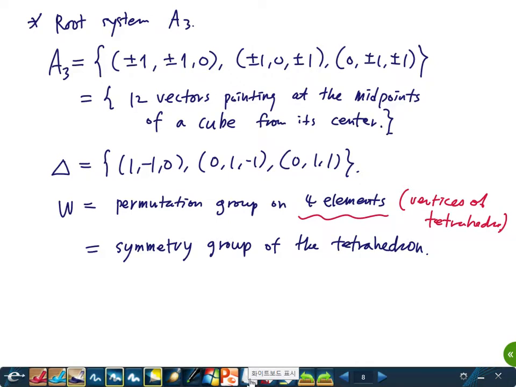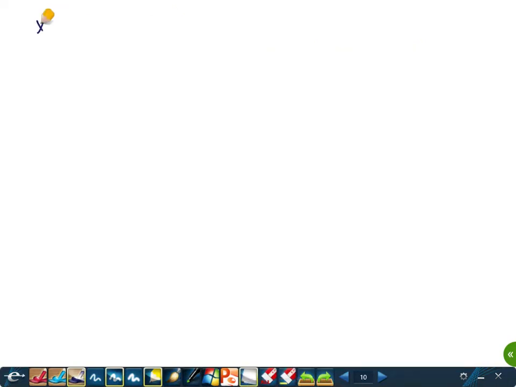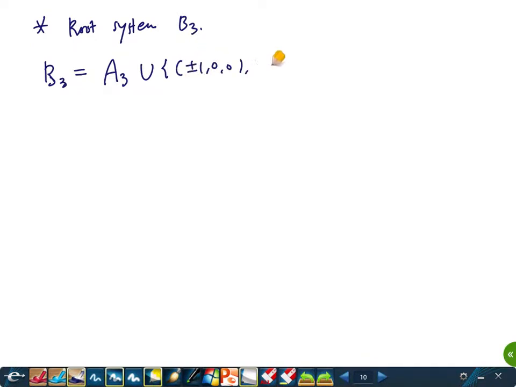And type Bn, root system type B3. Of course, we are still in the three-dimensional space, and the set of roots is the same. We have the roots in type A3, but we add these 6 more vectors, plus or minus 1, 0, 0; 0, plus or minus 1, 0; 0, 0, plus or minus 1.